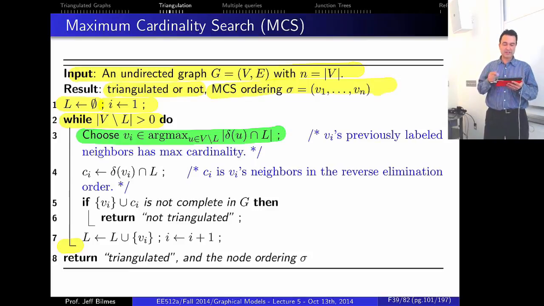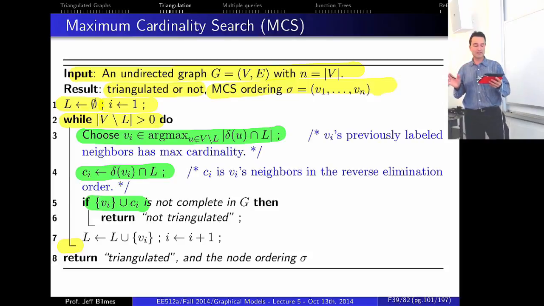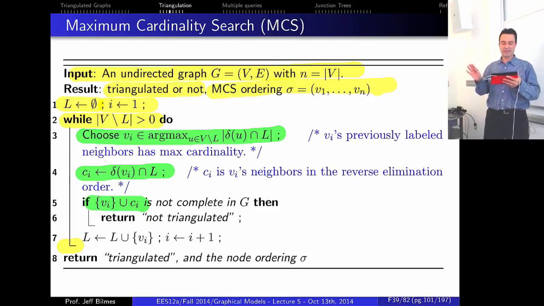And then, so we've got this node, and C becomes essentially the set of its previously labeled neighbors. If that node and its set of previously labeled neighbors forms a clique, then everything's great.